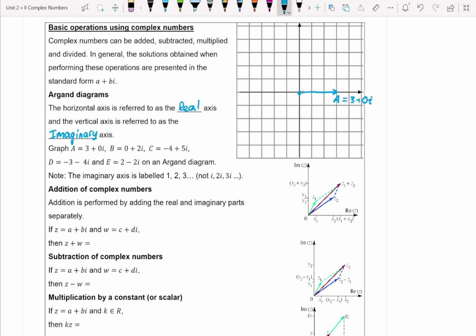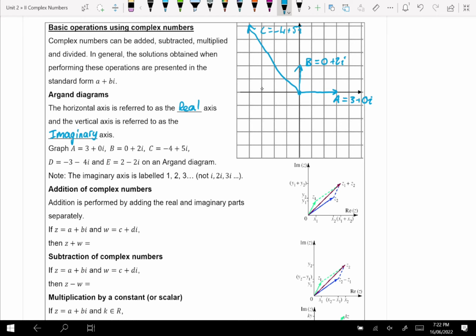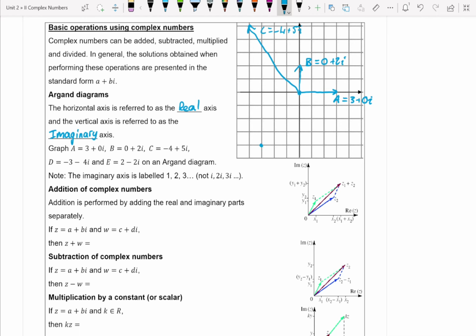b, 0 plus 2i, is going to take us 2 units up. c is negative 4 plus 5i, which is going to take us up to here. So c equals negative 4 plus 5i. d is negative 3 minus 4i, so we go 3 to the left and 4 down.